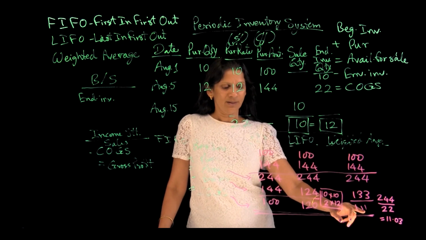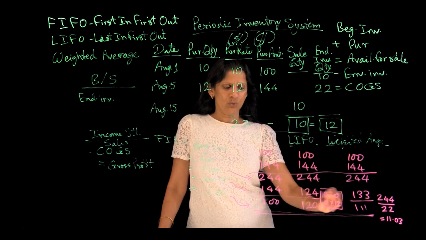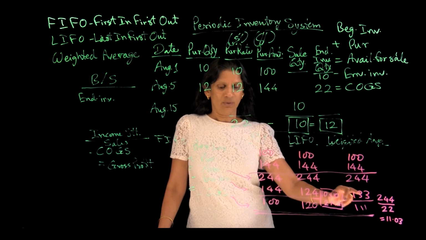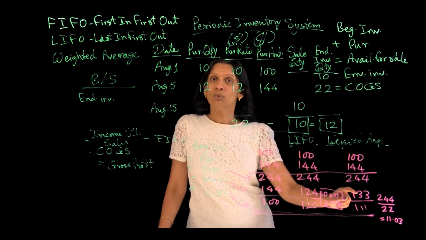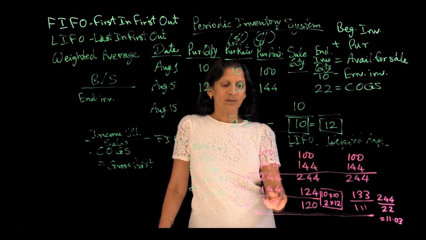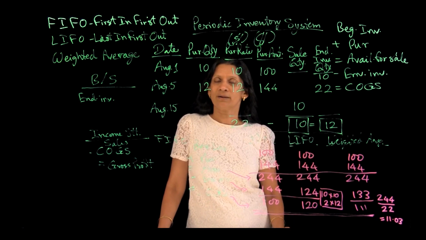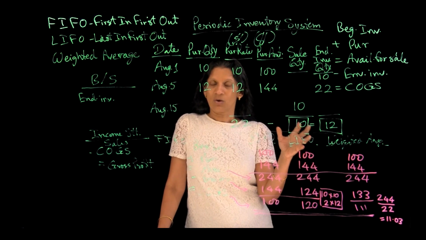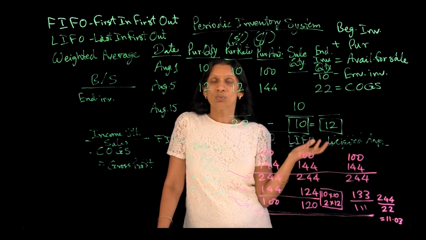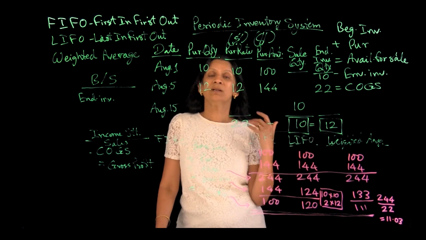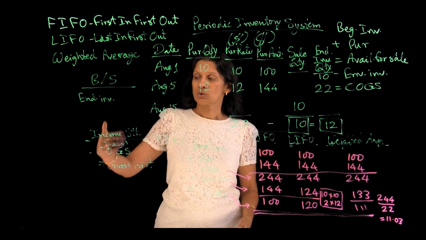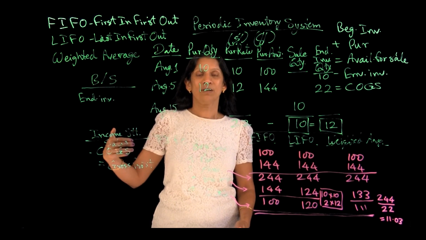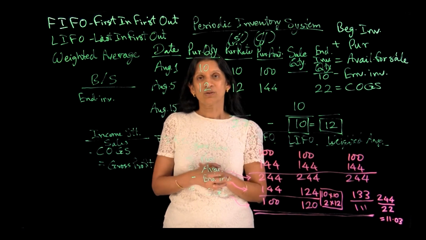So my $111 cost of goods sold is in between $100 and $120. And my $133 value of inventory is in between 144 and 124. So these are the three different methods or assumptions followed by a company while costing the inventory and deciding what cost should be reflected in the final financial statements of the company.